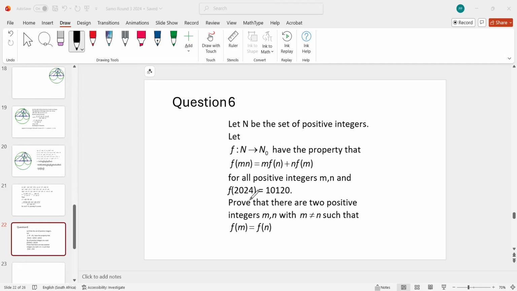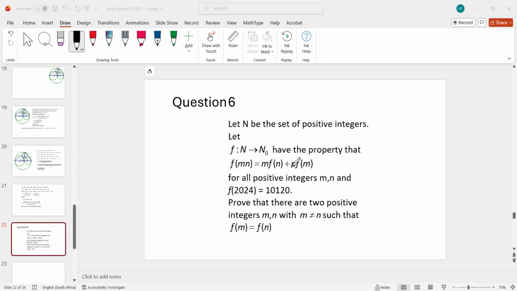And now, obviously, this question was set in 2024, and they say f of 2024 is 10,120. Now, prove that there are two positive integers m and n, with m different from n, such that f of m equals f of n. In other words, when you plug in m into your function, we don't know what the function is.